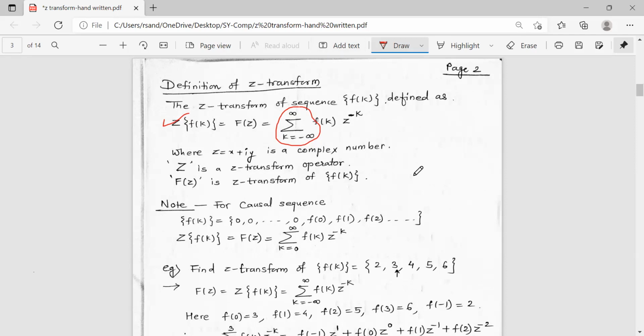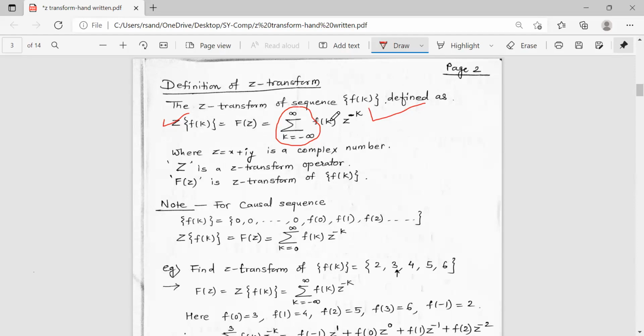Okay. So we'll be defining that Z transform of f of k with this particular formula: summation f of k z raised to minus k, where this z is a complex number x plus iy, and this z, left hand side z, is an operator, which is a Z transform operator.